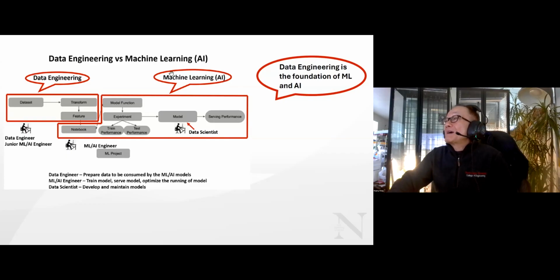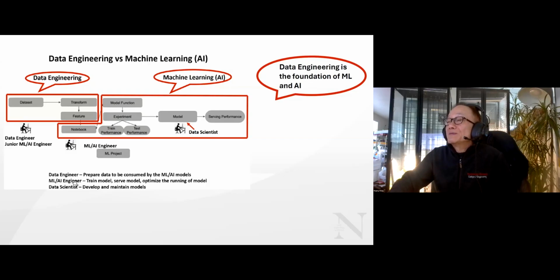So if you look at a machine learning or AI project, and remember there are two parts of important work, right? Data engineering and model operations, and we have several roles or several types of professionals working on such a project. We have the data engineer.